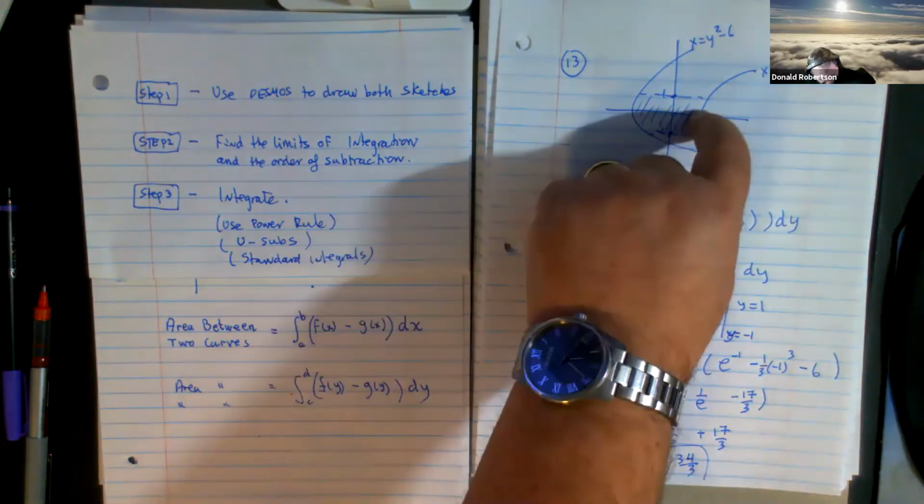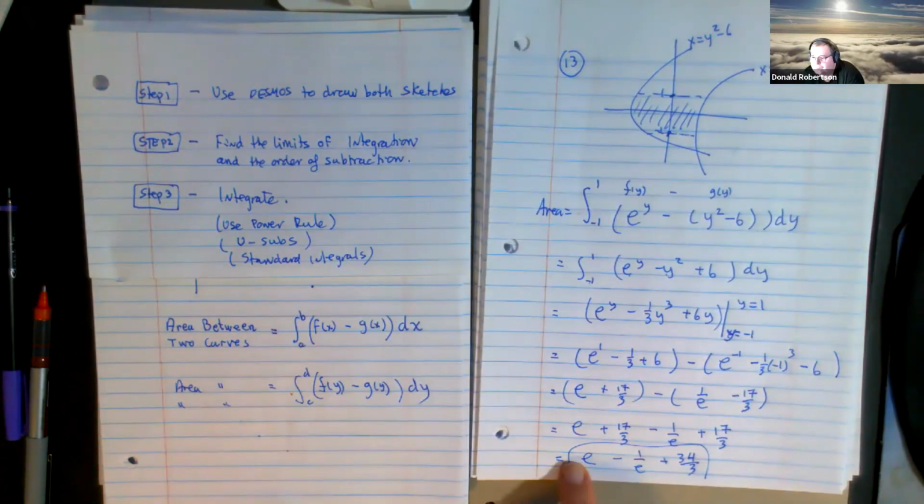So the area between these two curves is that number there. Any questions about that one, or are we good? We're good?